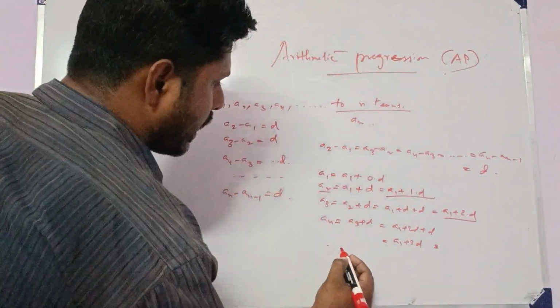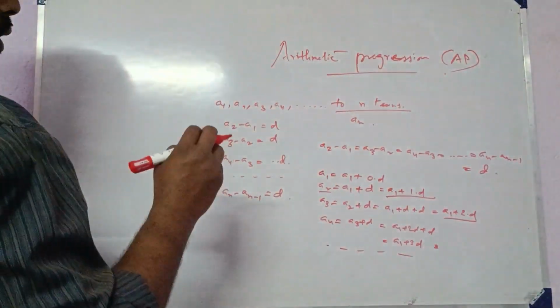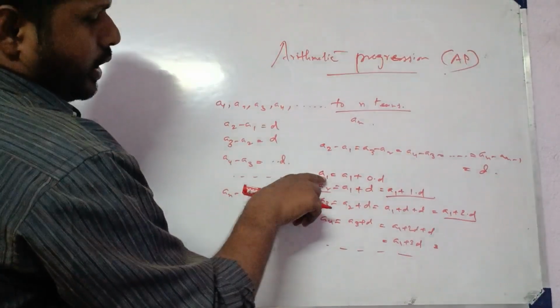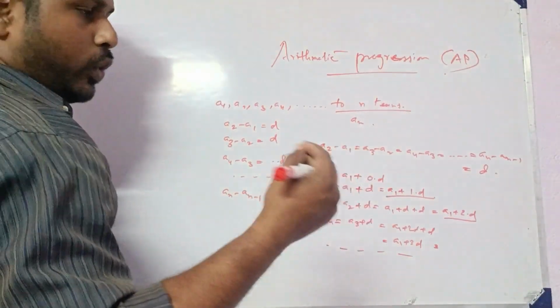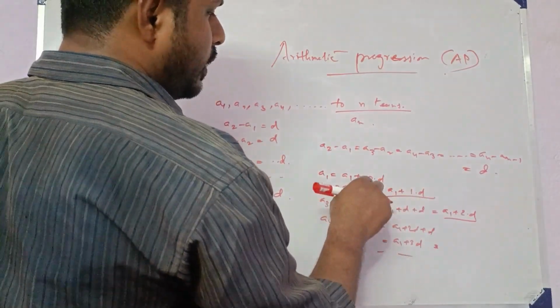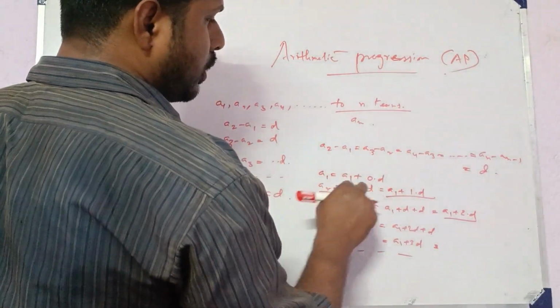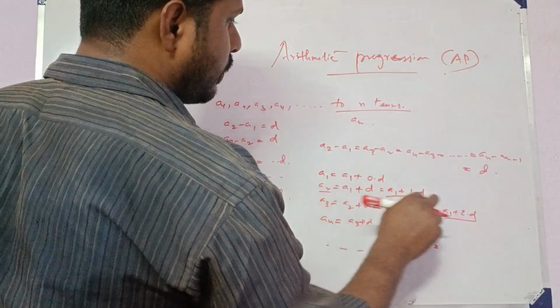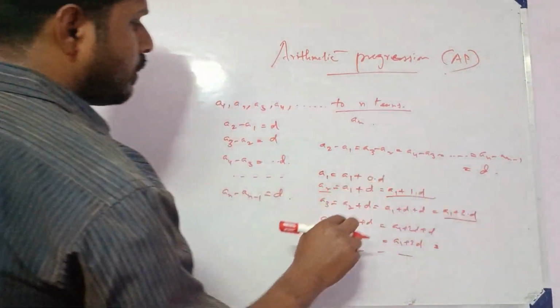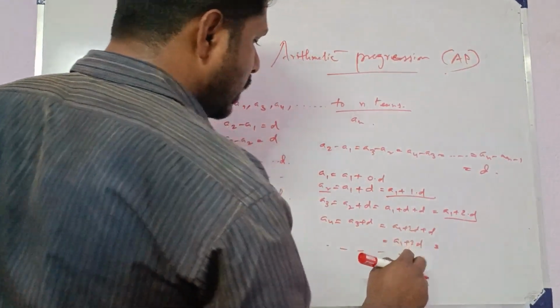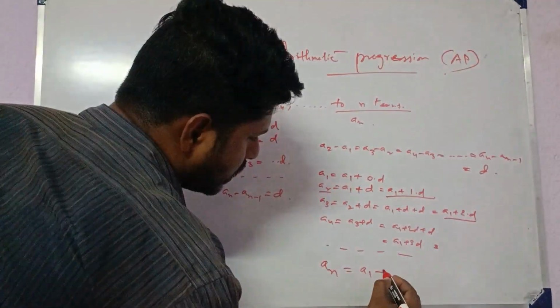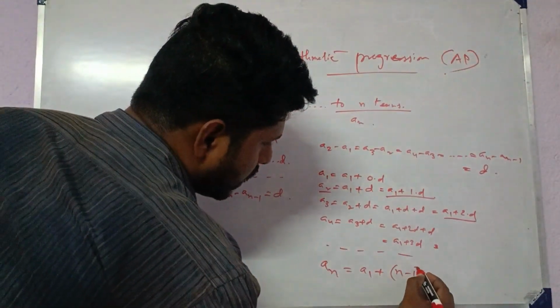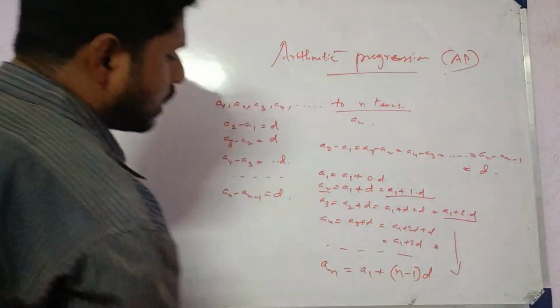So going this way, what we observe is that for A1 the coefficient of D is 0. For A2, the coefficient of D is 1. For A3, the coefficient of D is 2. And for A4, the coefficient of D is 3. Now for n, the coefficient of D is n minus 1, if we follow that pattern.